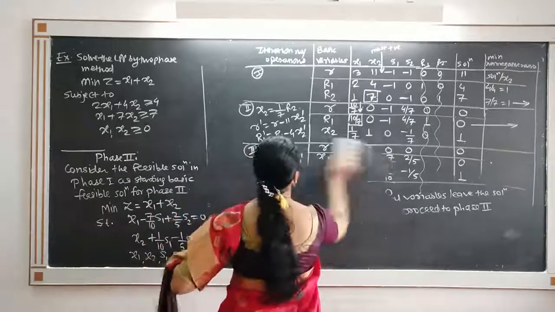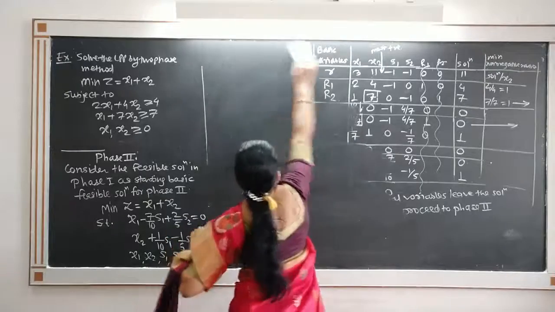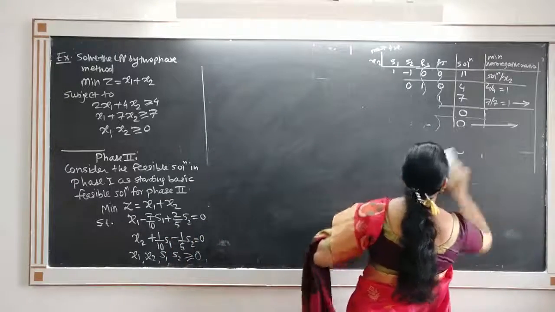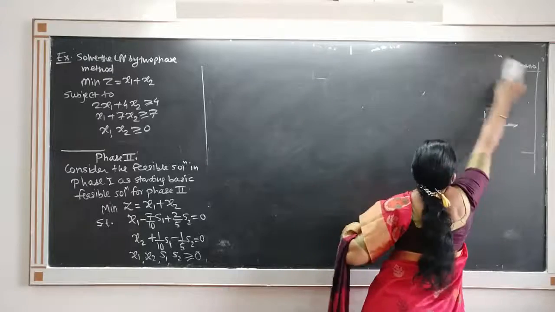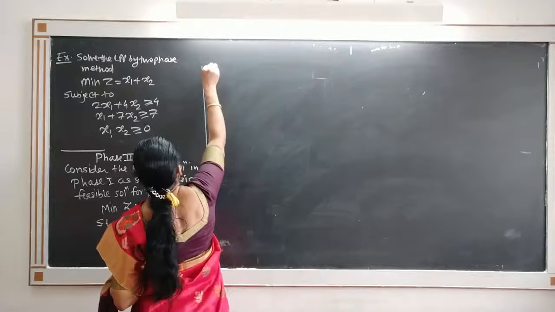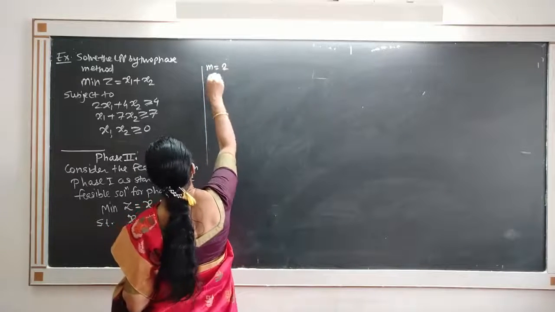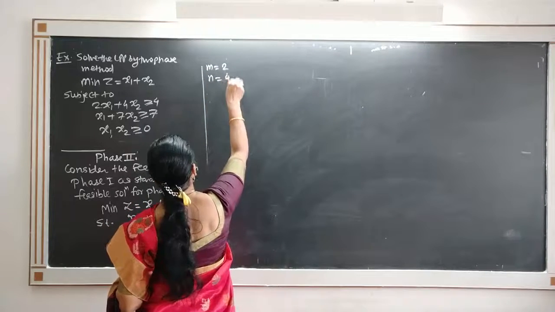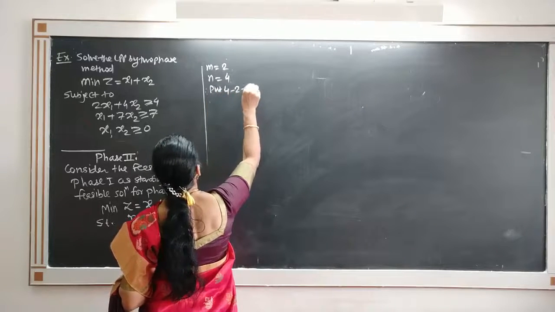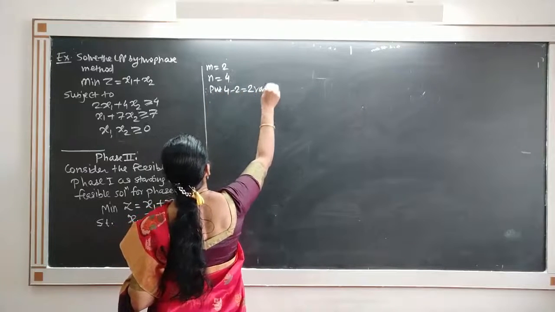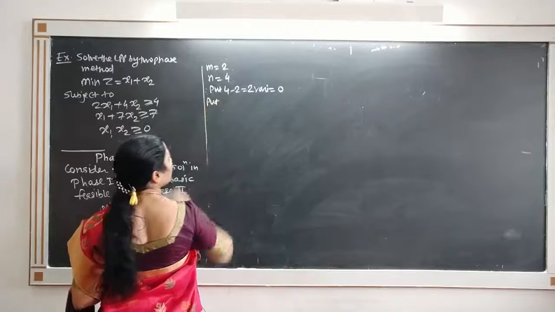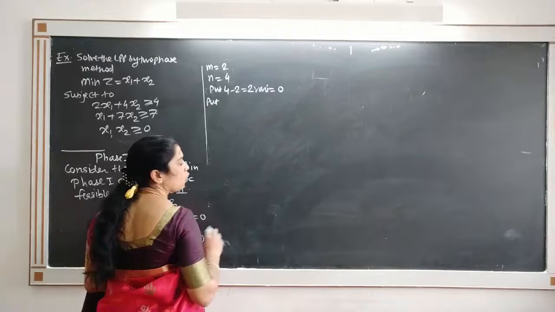Again we solve the LPP using the usual simplex method. Here m, the number of equations, is equal to 2, and n, the number of variables, is equal to 4. So put n minus m, that is 4 minus 2, 2 variables equal to 0. We always put non-basic variables equal to 0.